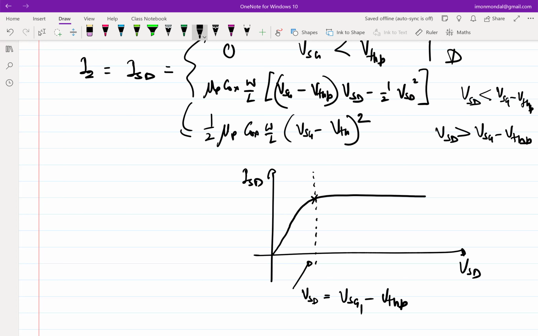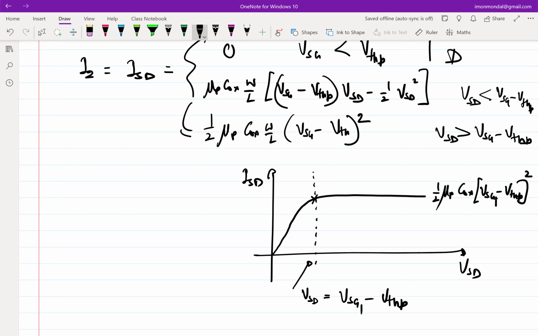Okay. So if I only concentrate on this region of operation that is called a saturation region, what is the equation? This equation becomes half mu P C ox VSG minus threshold voltage whole square. Okay, VSG1 rather.